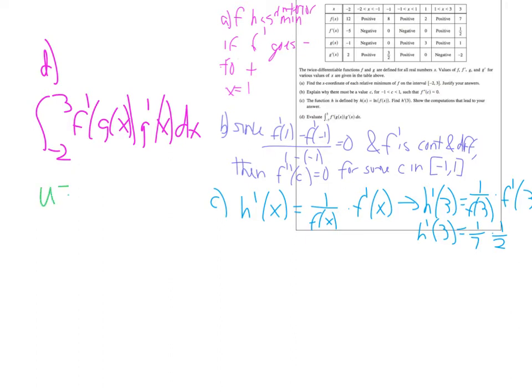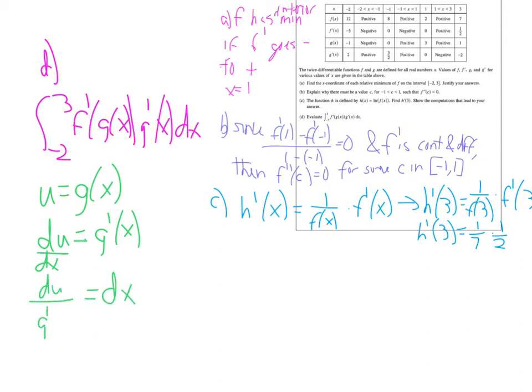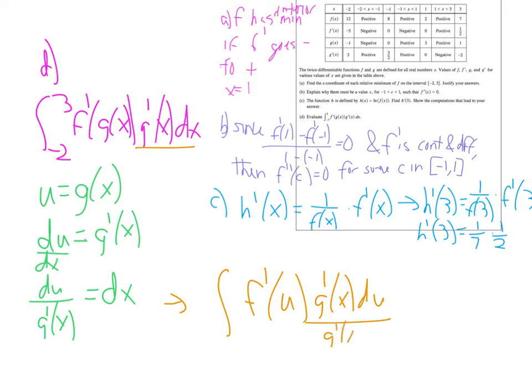Let's say u is g of x, which means du/dx is g prime of x, which means dx is du over g prime of x. So all that fun stuff gives us the integral of f prime of u, and then I have g prime of x du over g prime. So those will cancel.